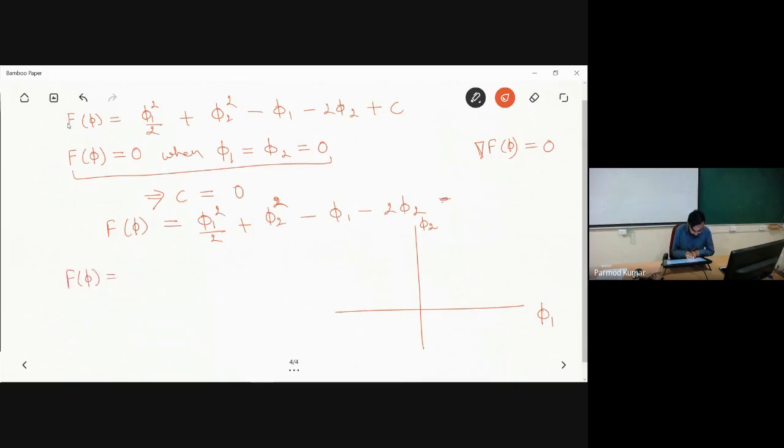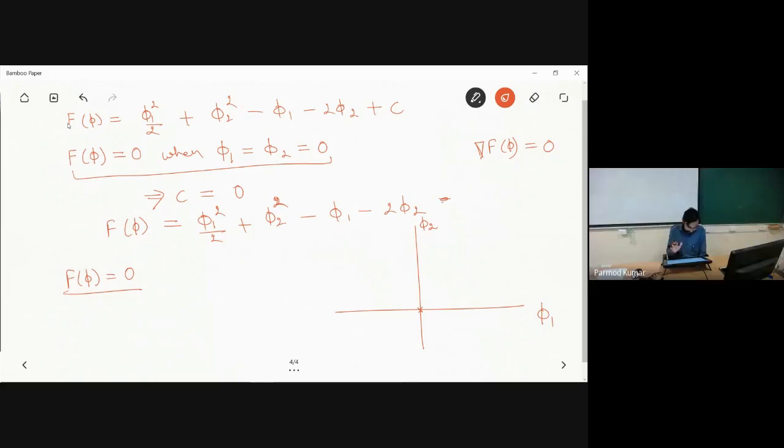If I plot this equation for f of phi equal to 0, the first thing is that while deriving the function, we selected the constant C in such a way that phi 1 and phi 2 are equal to 0 when f of phi is equal to 0. So at least one point through which this function will pass is known. Okay, is this point clear?